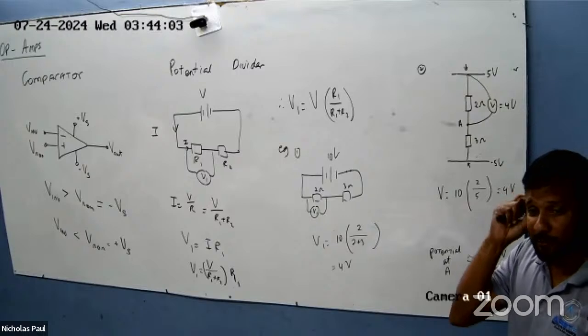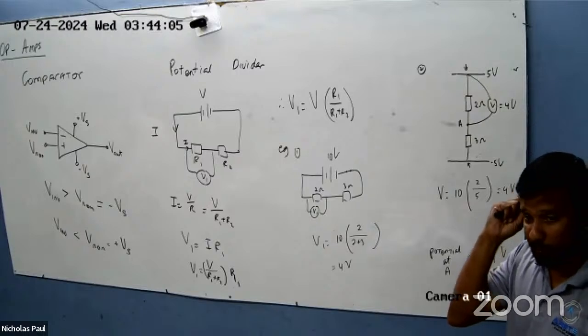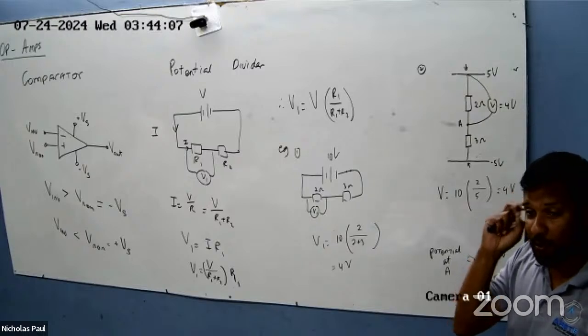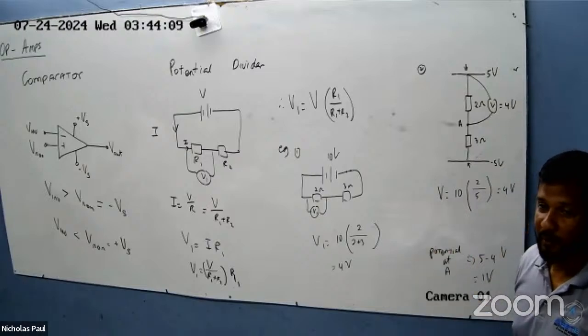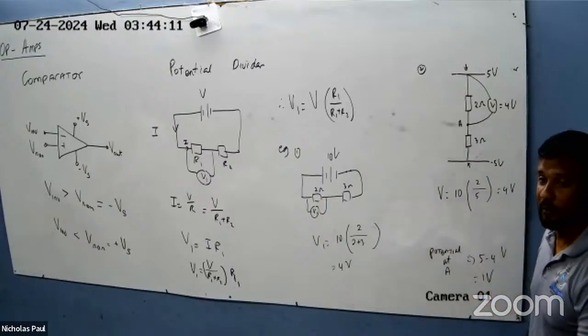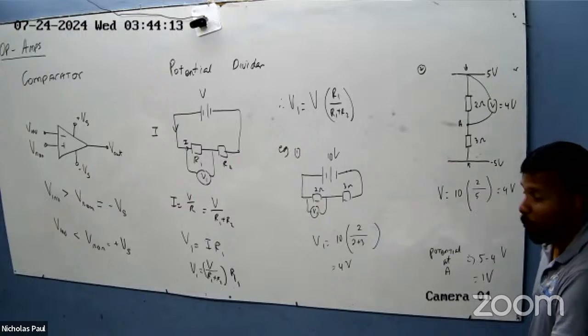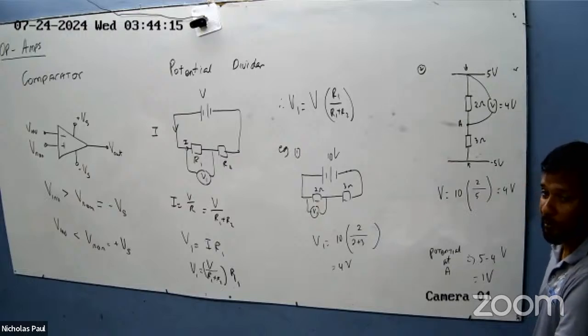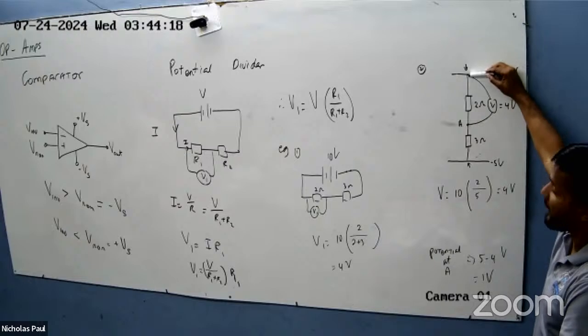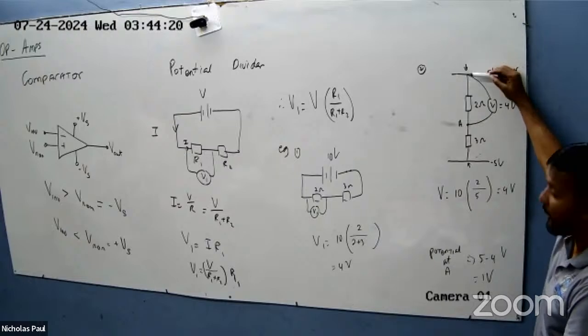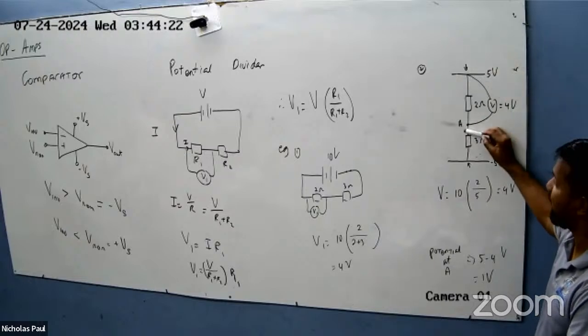Are you okay with that? So Raya, how did I get 1? And where did 5 come from? The potential here is 5, and I subtract the potential difference to get the value.